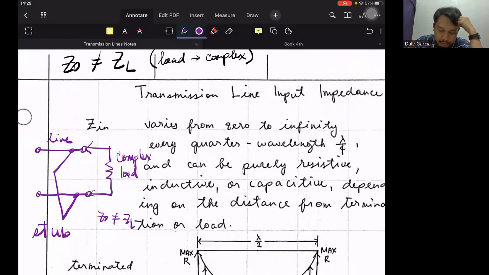Actually, dili anywhere giday, no? Yeah, positionally anywhere siya. But specifically, kinanglan nato i-compute kung how far siya sa load, no? So nanay specific length kung sa kalayo ang matching stub sa load para ma-match ang line and ang load. So mahulog ang matching stub is a parallel na circuit sa line, no?